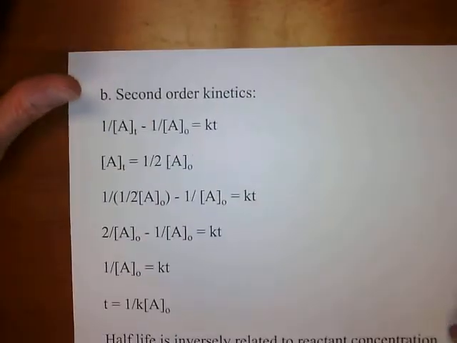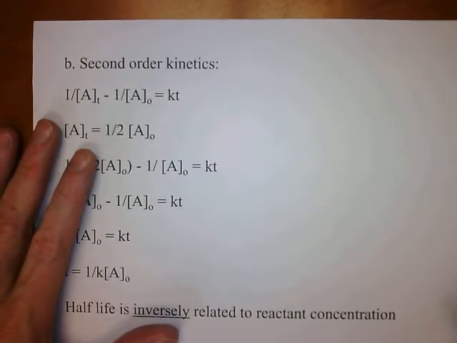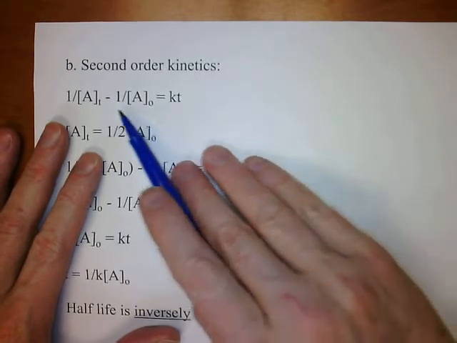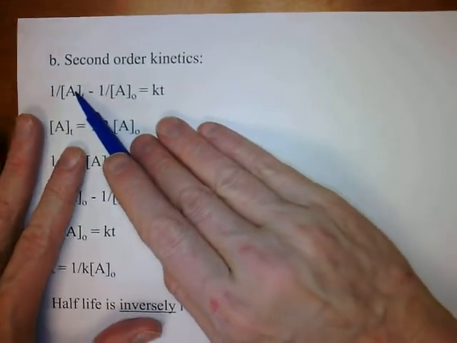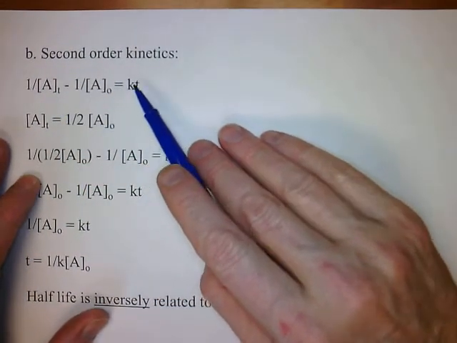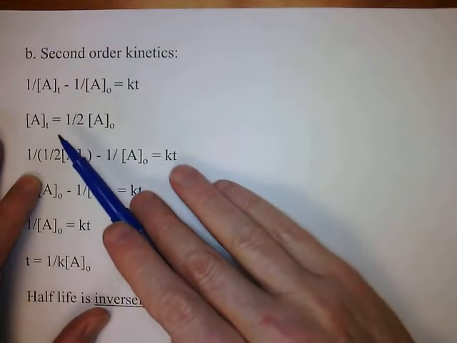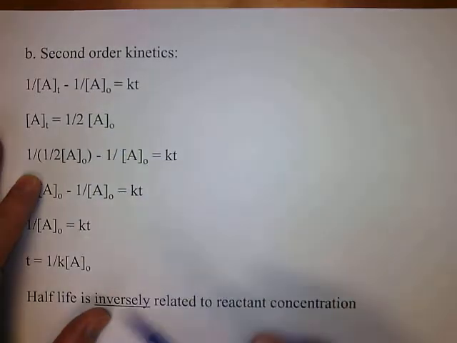So what about second order kinetics? Let's do the same thing. Let's derive it. So this was our integrated rate law for second order kinetics. Alright, so 1 over the concentration at time t minus 1 over the initial concentration is equal to kt. So we'll plug in the criteria that the concentration at time t is equal to 1/2 the initial concentration.